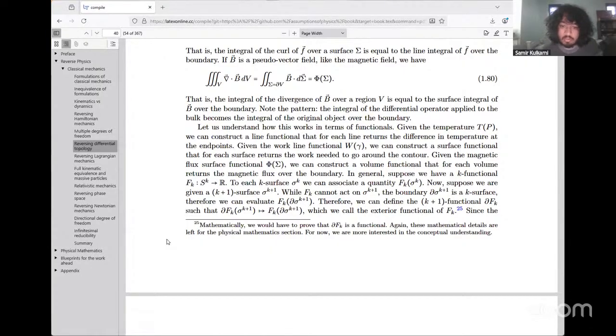In general, suppose we have a k functional, f_k from S_k to R. To each k surface, sigma k, we can associate a quantity, f_k of sigma k. Now suppose we are given a k plus 1 surface, sigma k plus 1, while f_k cannot act upon sigma k plus 1.